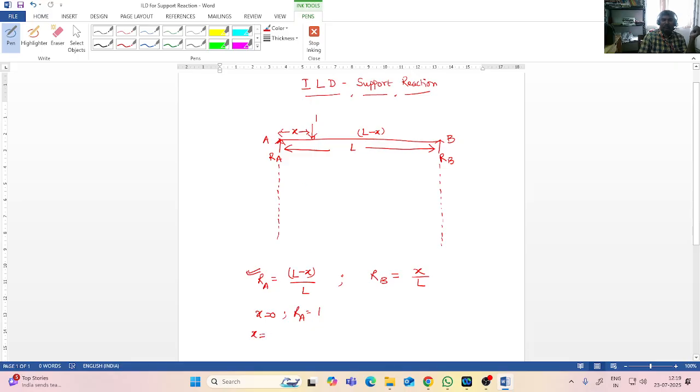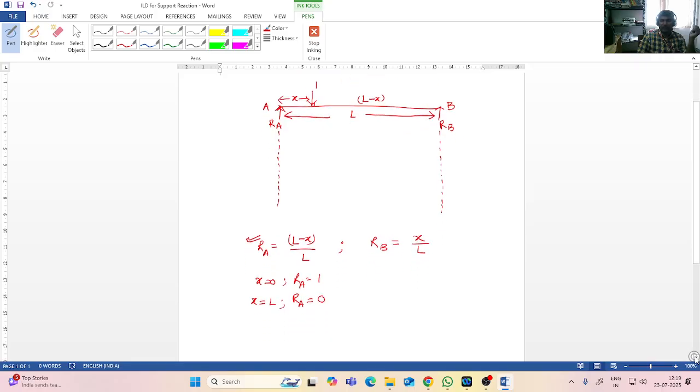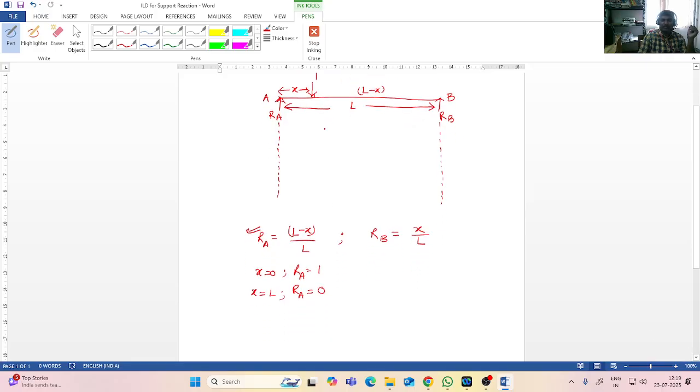Similarly, when the load moves from A to B, when x is equal to L, the reaction at A becomes 0. Between 0 and L, while the unit load is traveling, the values of reaction at A change from 1 to 0.